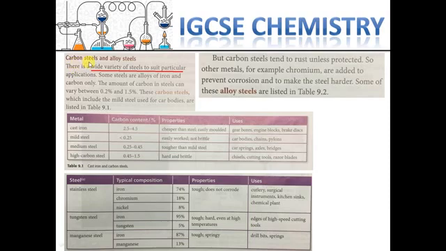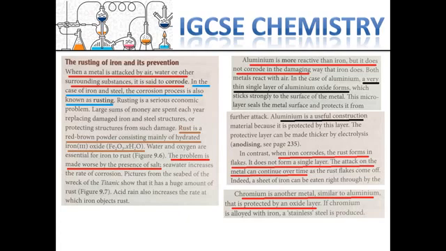One issue related to carbon steels is that they tend to rust. They react easily with the oxygen in air or oxygen in water. So what is the rusting of iron or steel?